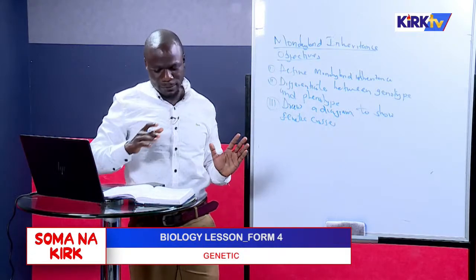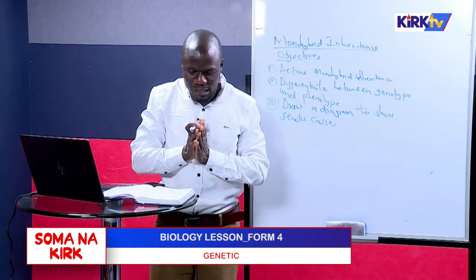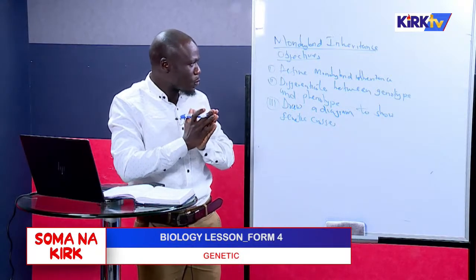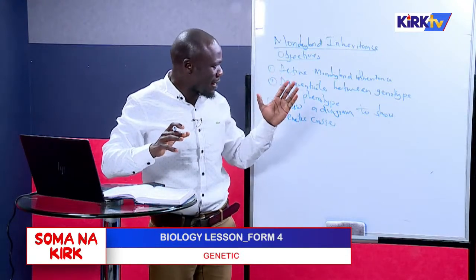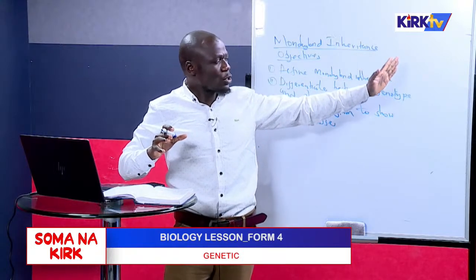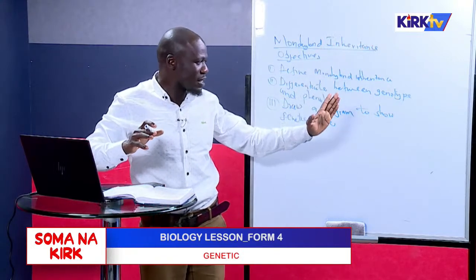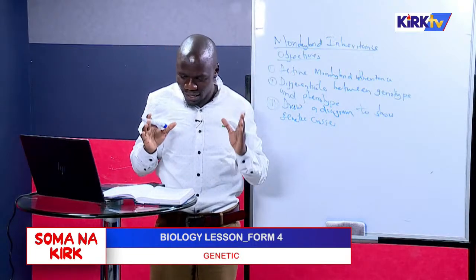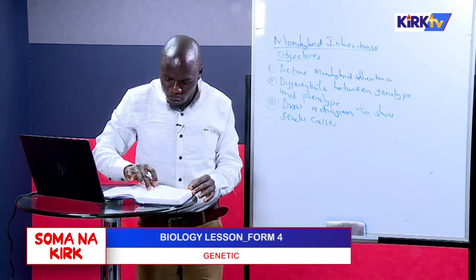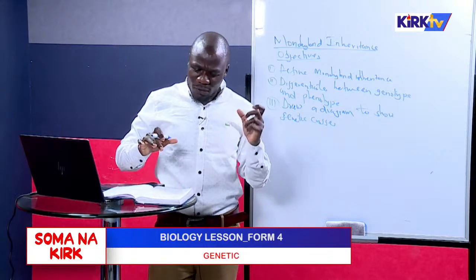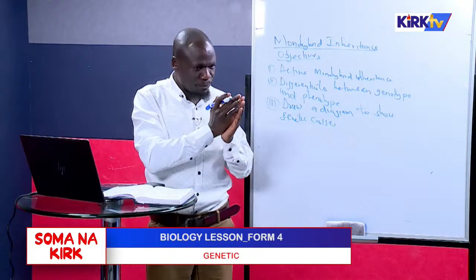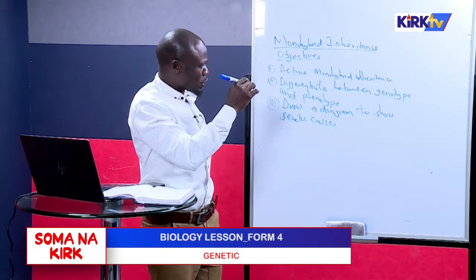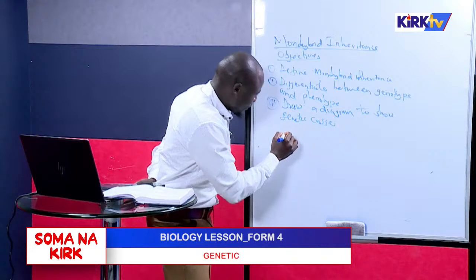But before we do that, there are some basic things we were introduced to when we talk about inheritance, specific terms that we really need to know as learners, so that when we are doing the genetic crosses, you are guided accordingly and we don't lose the concept. One of the things we need to know is about the genes.